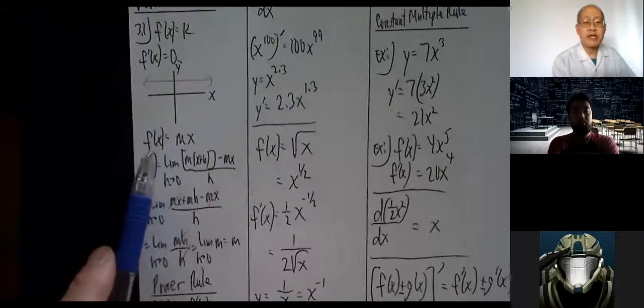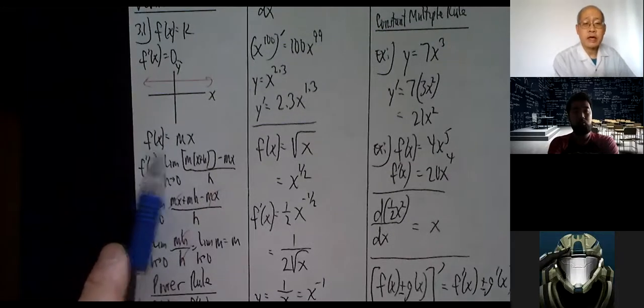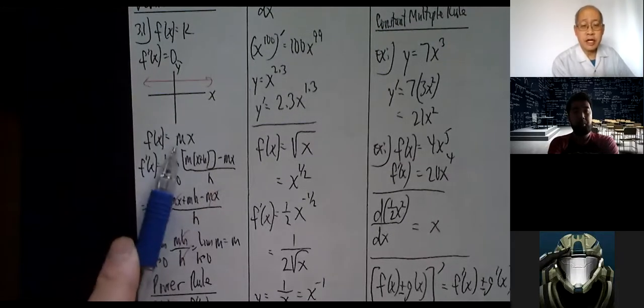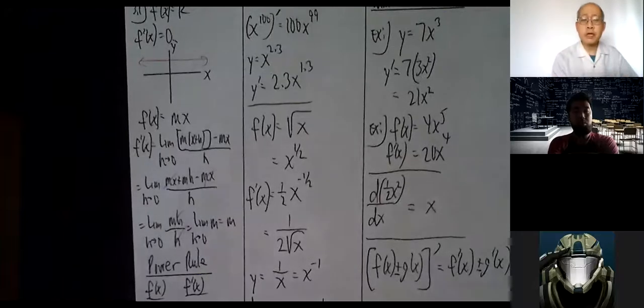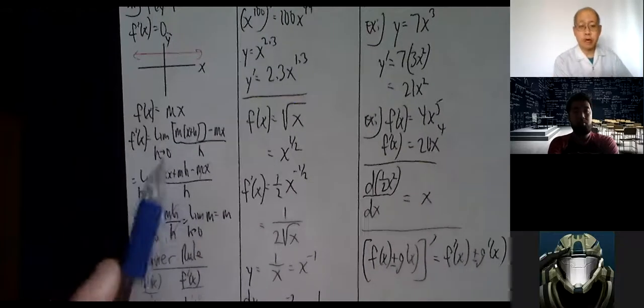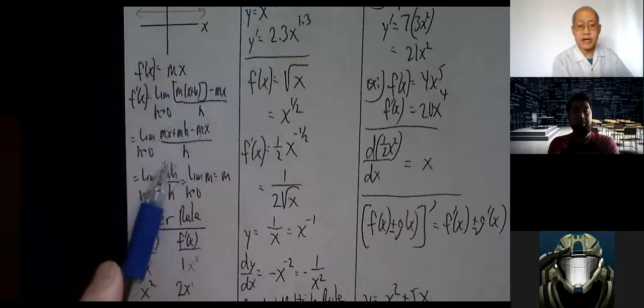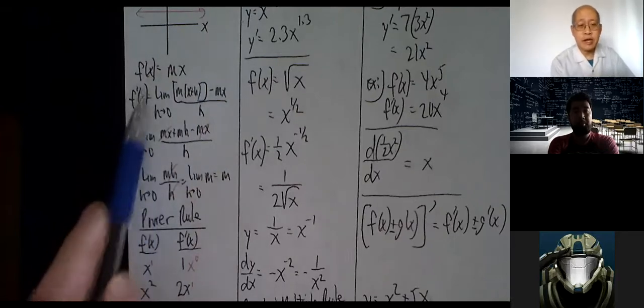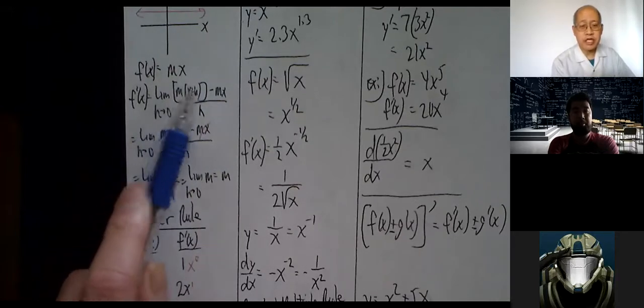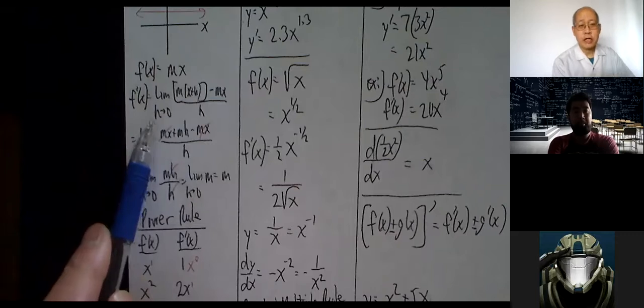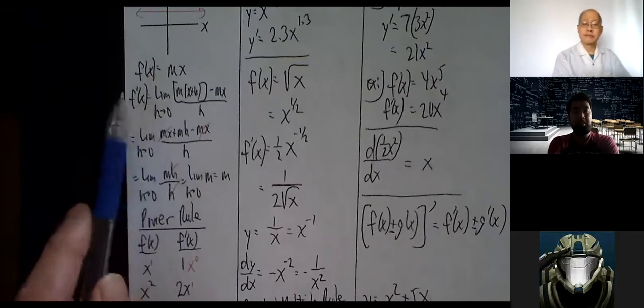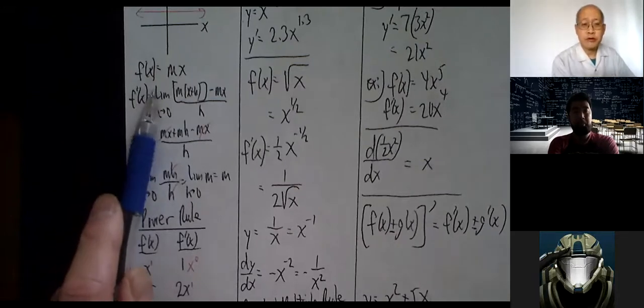All right, next, if you have a linear function, y equals mx, f of x equals mx. Now, to prove it formally, you use the definition of the derivative. So I've gone through the derivation. It's being recorded. If you want to look at it, you may. You take the limit as h approaches 0 of f of x plus h minus f of x all over h. But let's just do an intuitive version of it.